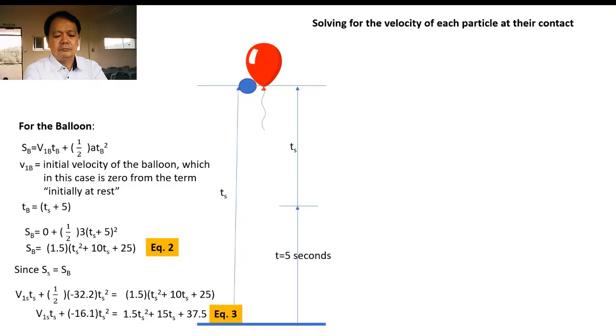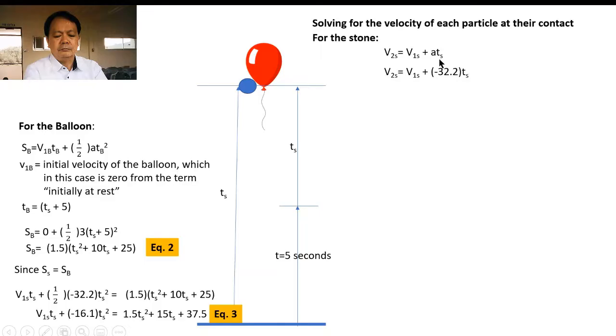And if we're going to solve for the velocity of the particles at contact, then for the stone, we know that the final velocity V sub 2 shall be equal to the initial velocity plus AT.